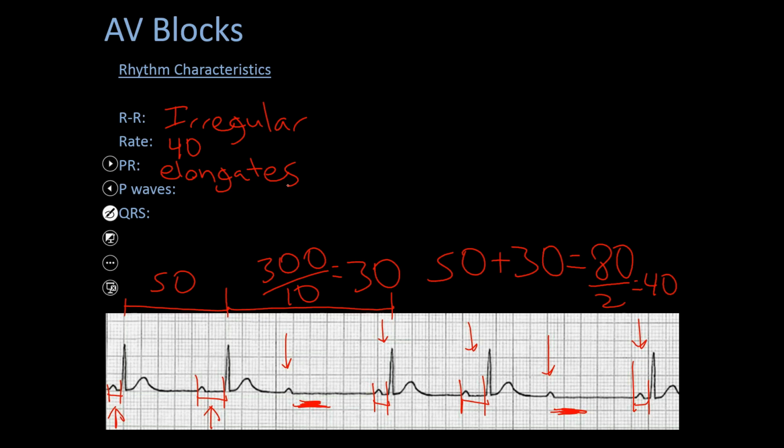Now, for P waves, for a conduction ratio, we have 1:1 and 2:1 AV conduction. So here I have a 1:1, and then over here I have 2:1, 2 P waves here and here for every 1 QRS.